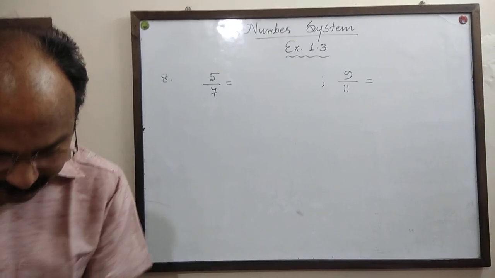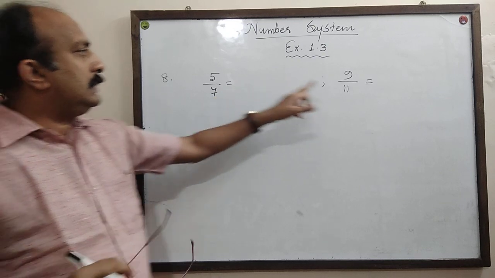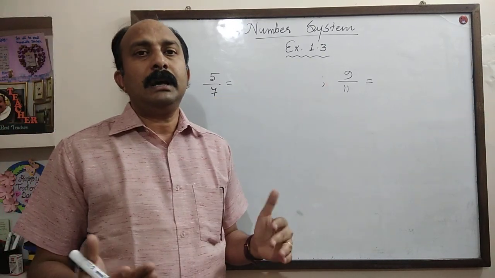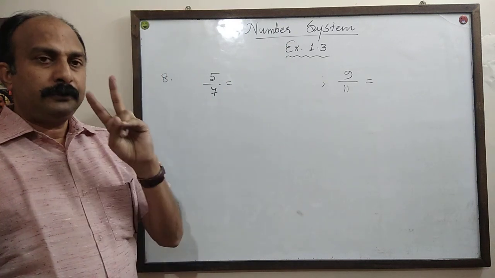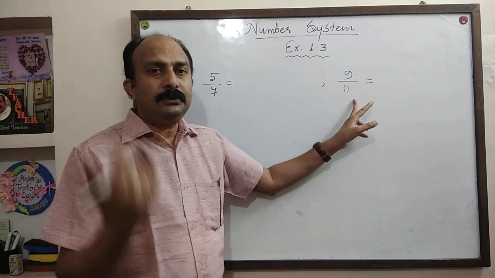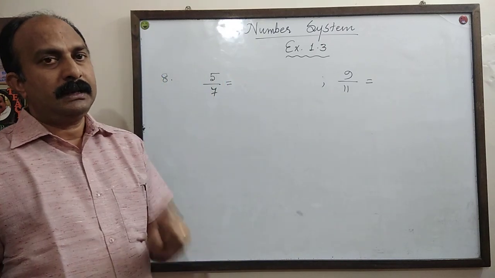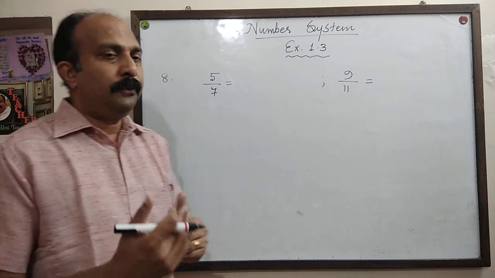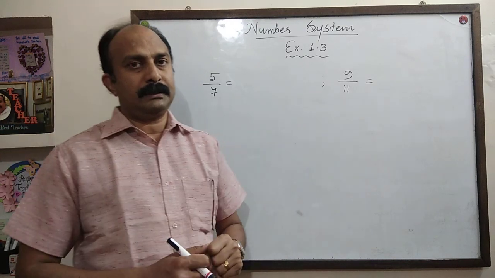What type of numbers are these 2? These are rational numbers. They are in the form of P upon Q. So this time you are given 2 rational numbers and you are asked to write 3 irrational numbers between them. Listen carefully. So far we have not done this type of question.